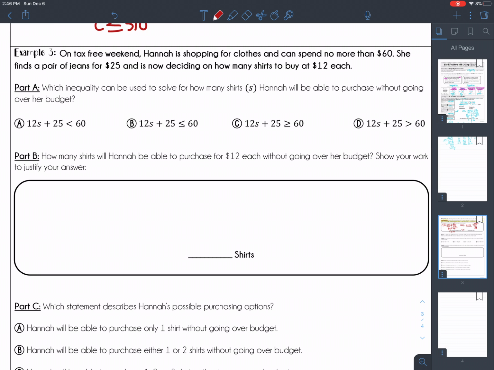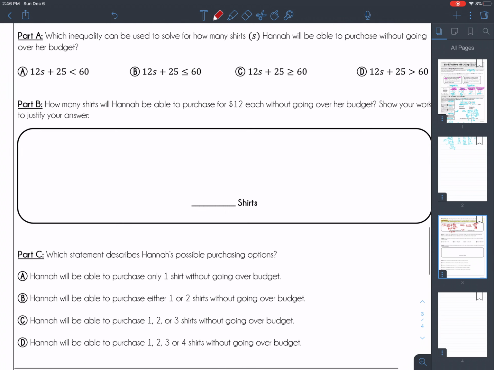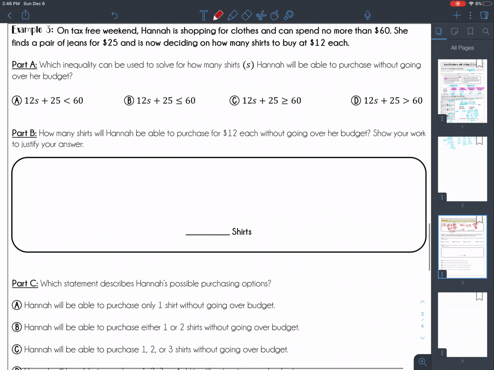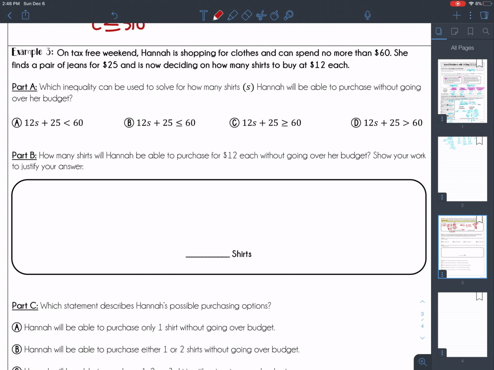And then they're asking you how many shirts she will be able to buy without going over budget, to define her purchasing options. So Hannah will be able to only purchase 1 shirt, 1 or 2, 1, 2 or 3, 1, 2, 3 or 4. So pause the video right here. See if you can get this on your own. I'll let you do that.